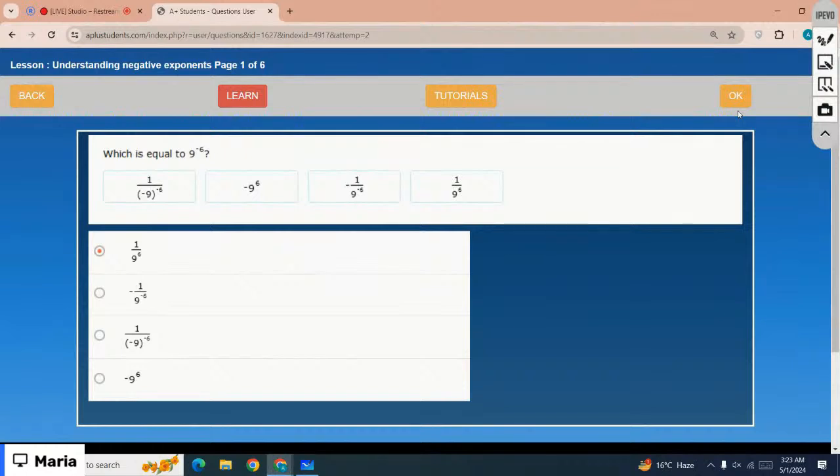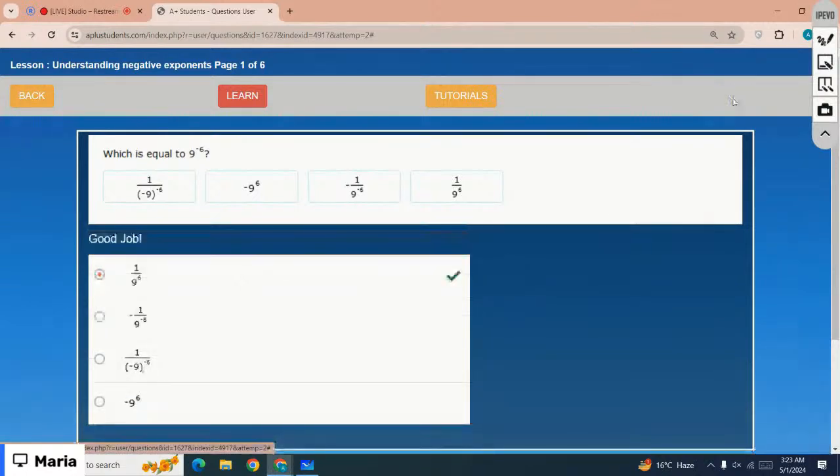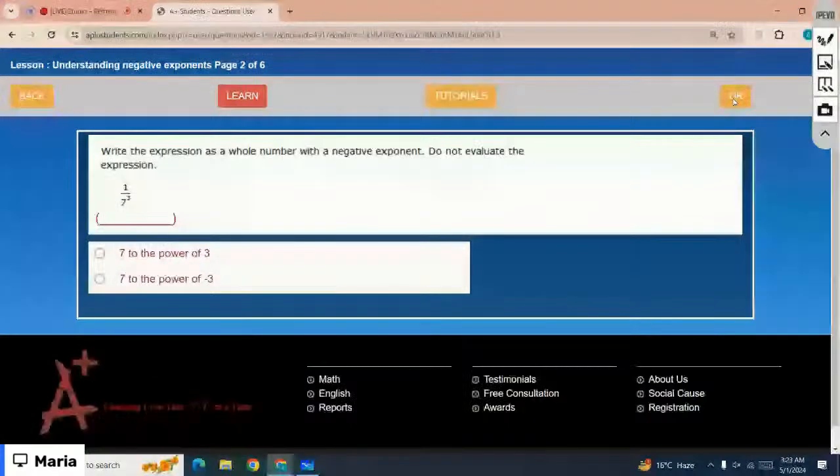Okay, the next one is: write the expression as a whole number with a negative exponent, 1 over 7 exponent 3. So which is the correct option?